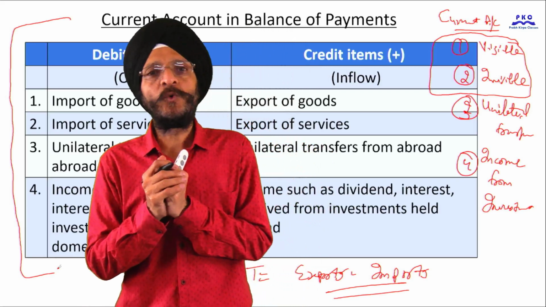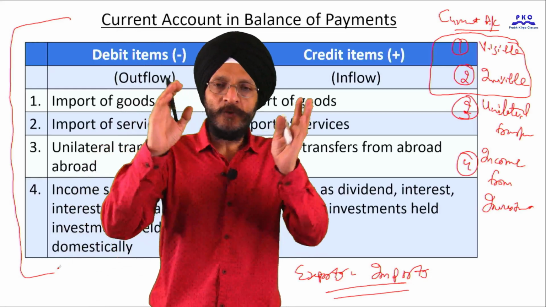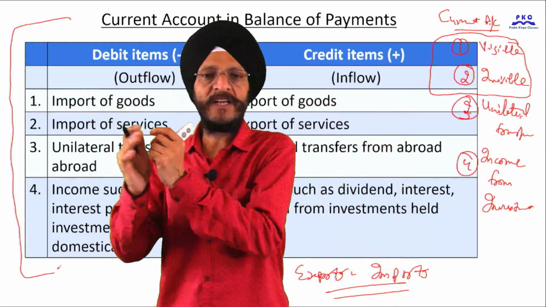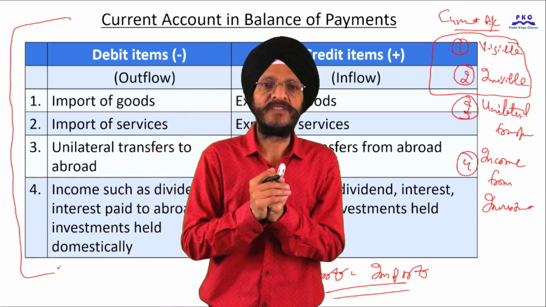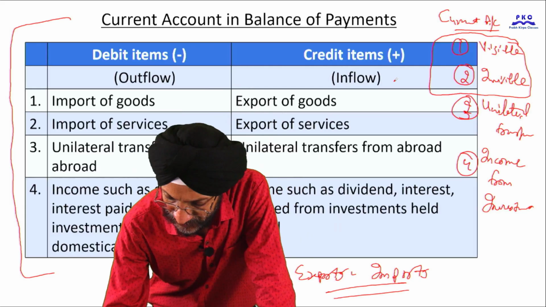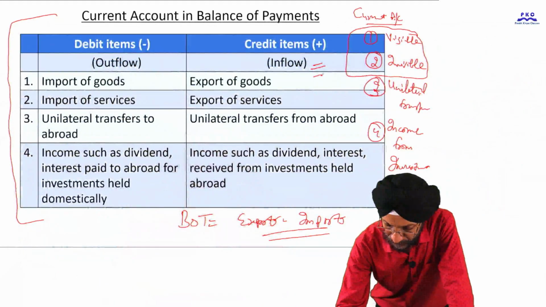As already told earlier, in the case of current account, we record transactions on the debit side and on the credit side. All the transactions because of which there is inflow of foreign exchange are recorded on credit side.